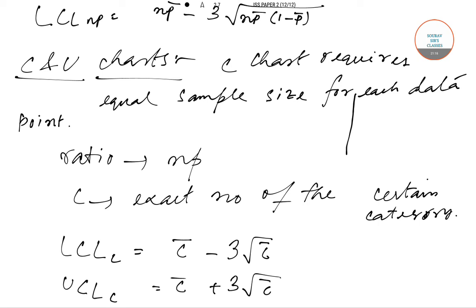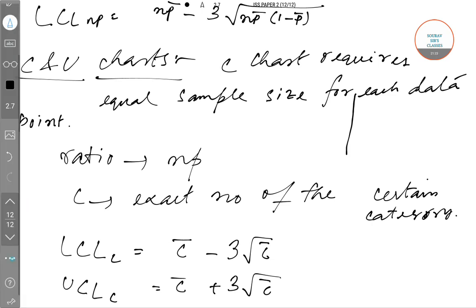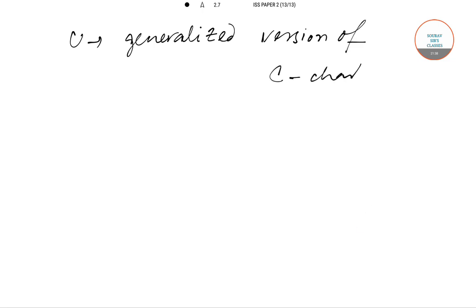U chart is a more general version of the C chart for use when the data points do not come from equal sized samples. So U chart is a generalized version of C chart. The truth is, when you are using C chart, you always have equal sized samples.